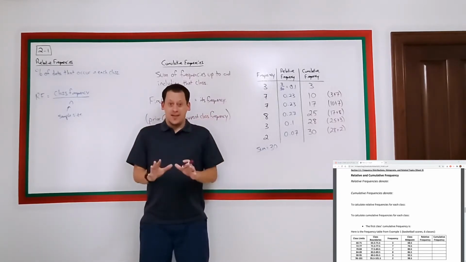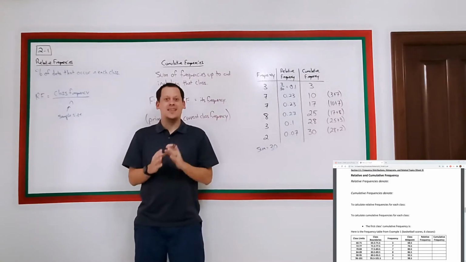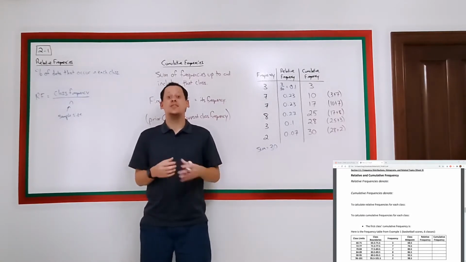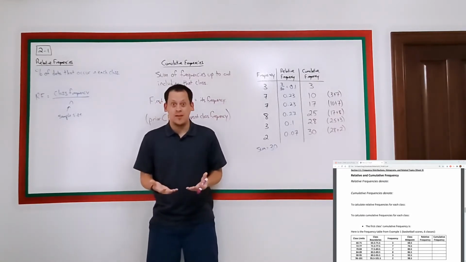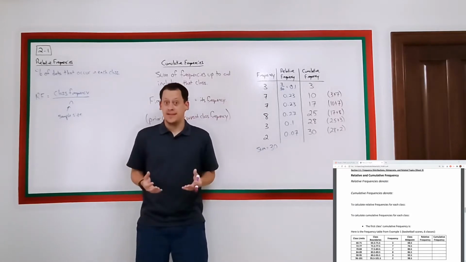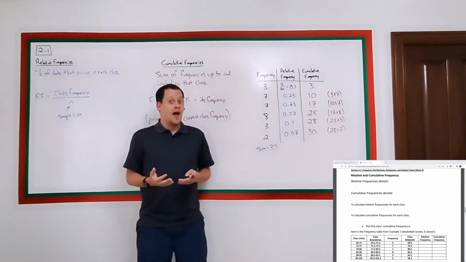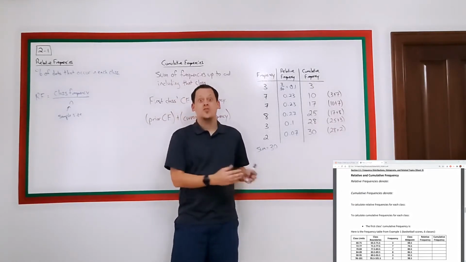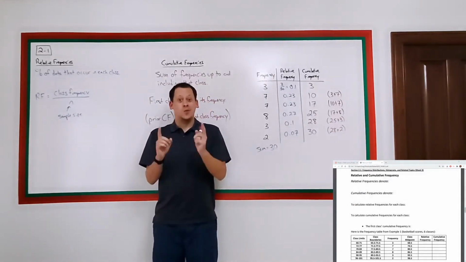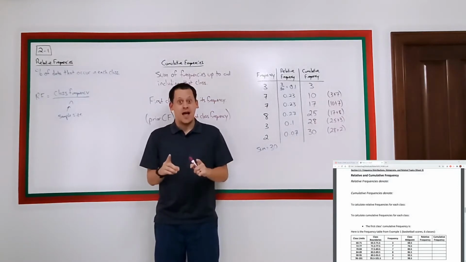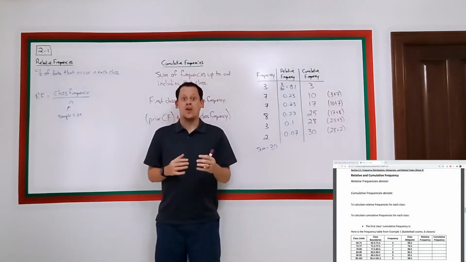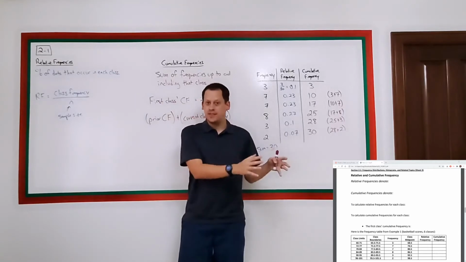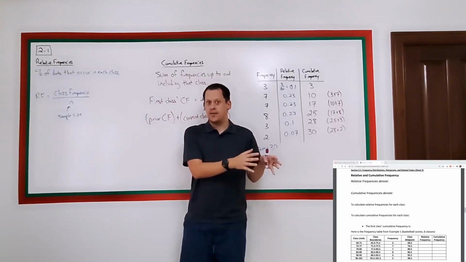One thing that each of the 3 questions asks you to do is to construct the frequency table from the original data set. We now know how to use and calculate all of these columns. So what I would recommend when you're done watching this video, if you've got some time, go ahead and start the 2.1 homework and construct the completed frequency table for all 3 of those questions.